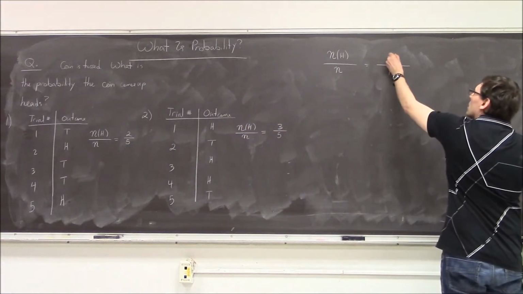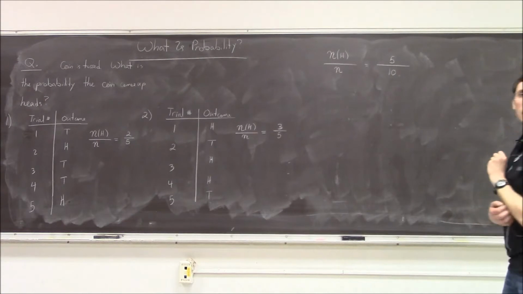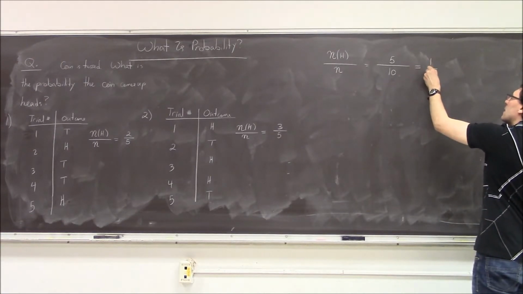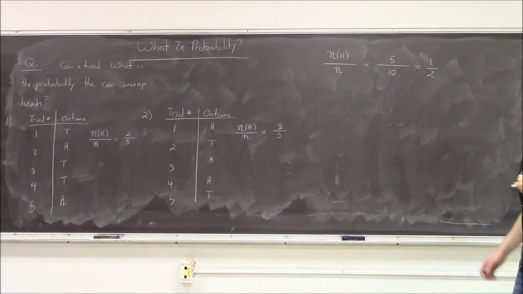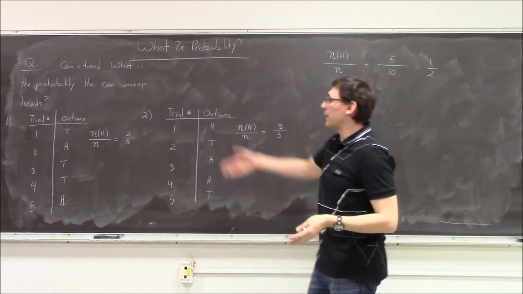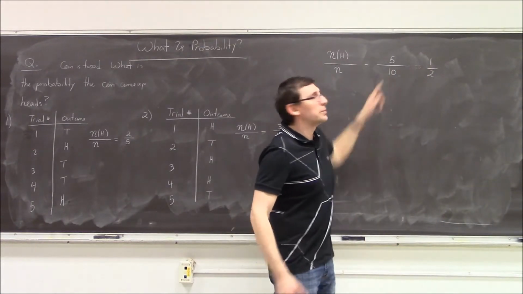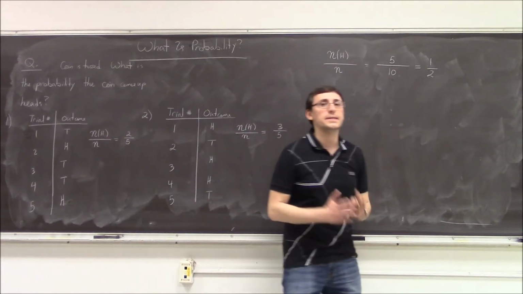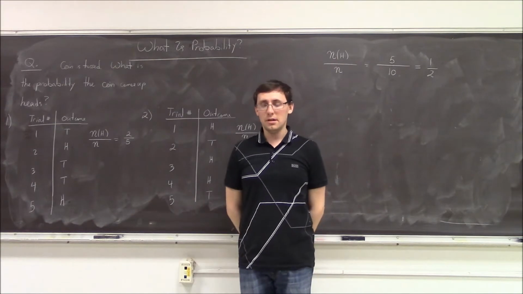What do you know? 5 over 10 is 1/2. But is there a guarantee that if I were to perform 10 flips, I will again get the number 1/2? What is the significance of the number 1/2?